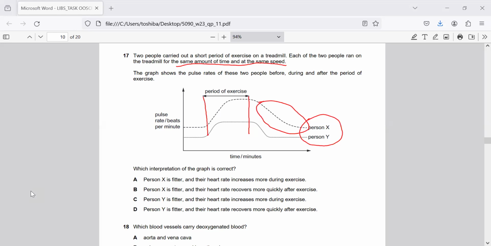C says person Y is fitter and their heart rate increases more during exercise. No, this statement is also incorrect. Option D says person Y is fitter and their heart rate recovers more quickly after exercise. Yes, this statement is correct. The heart rate recovers more quickly after exercise.